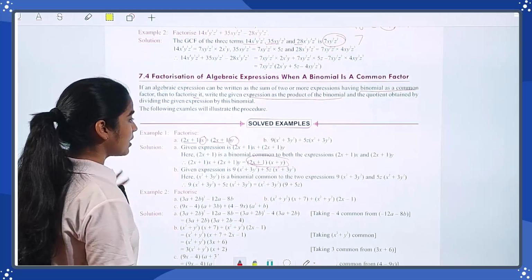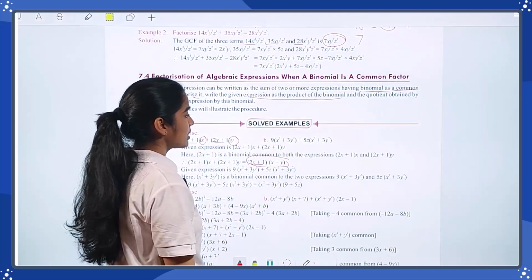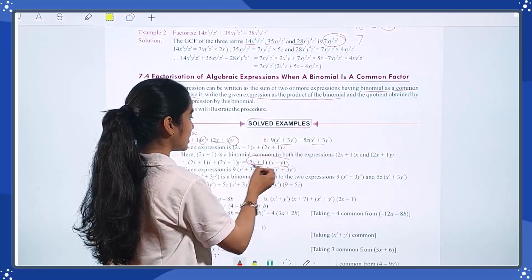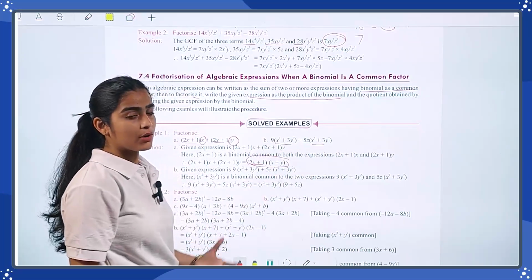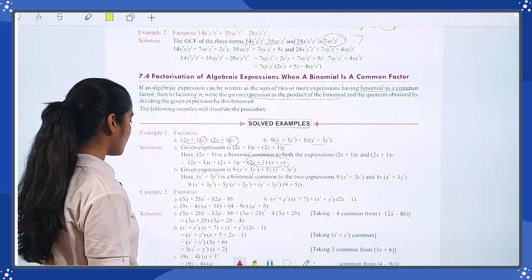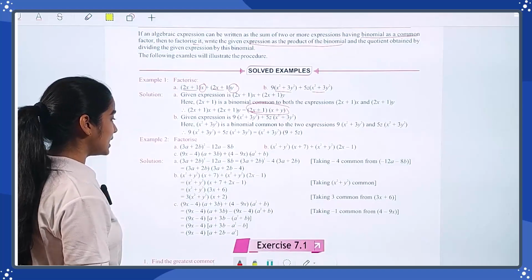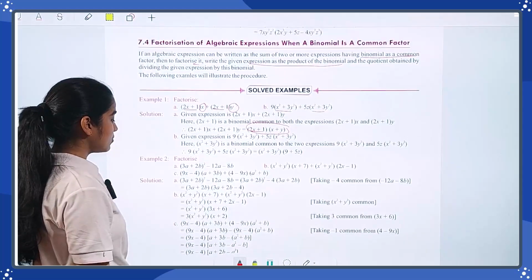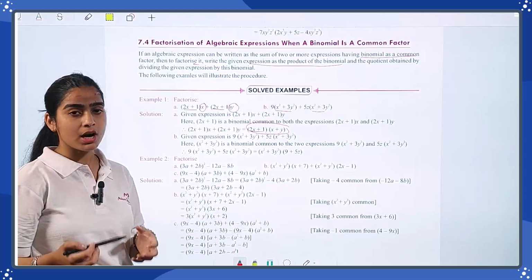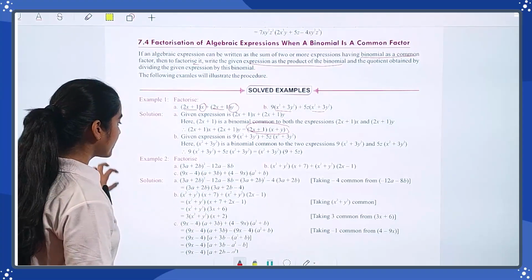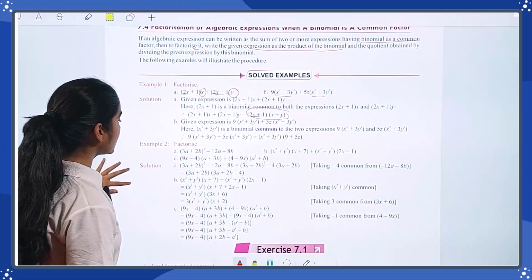Okay. Next we have 9x squared plus 3y squared, 5zx squared. Again you have to take the same bracket value as it is, and for the values outside the bracket, just make an expression of them. Now factorize 3a plus 2b squared minus 12a minus 8b. In this case, you have to find the number common to 12 and 8. If you take 2 common, no, you have to take out 4.